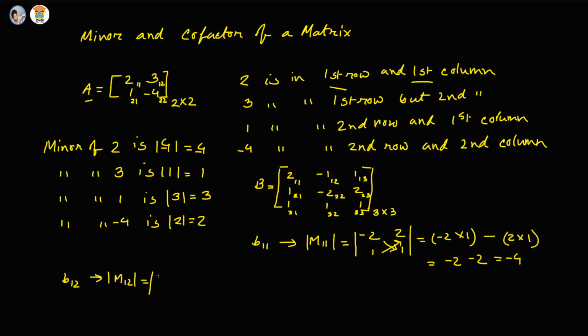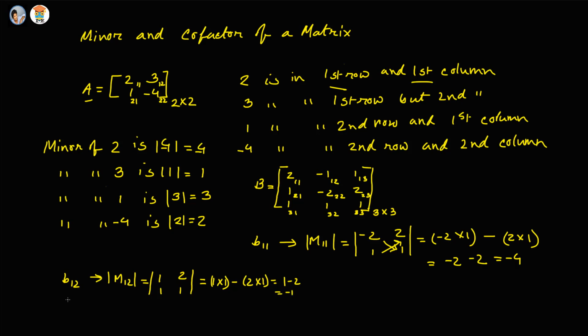So here we will write 1, 1, 2, 1. Again we will find out the determinant value, this multiplied by this, so we can write 1 multiplied by 1, then minus this multiplied by this, that is 2 multiplied by 1. So we will have what? 1 minus 2, which is -1.